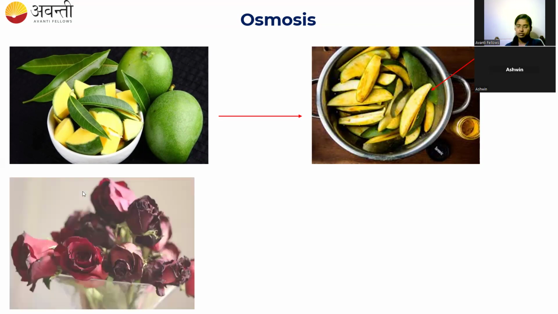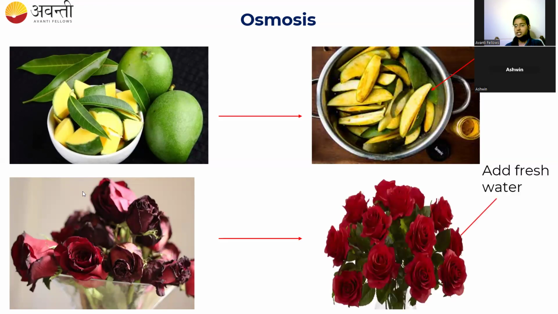Okay. And also if I take a flower, this flower is not so fresh, no? When I add some fresh water to the one which is looking very old, it will give a fresh appearance. So what is happening in these two cases?